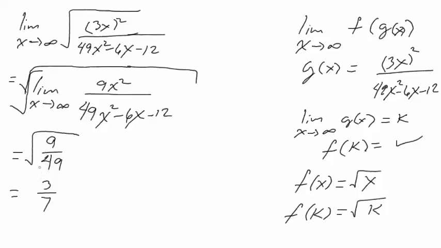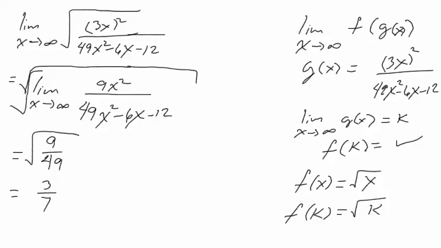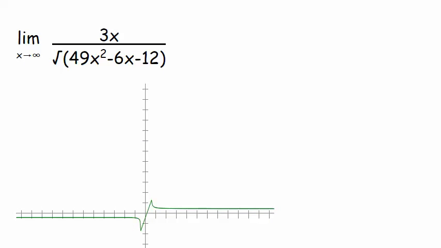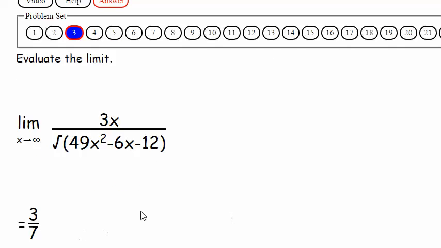Okay, see that? So anyway, there it is. Hopefully you could read that. So what was the answer again? 3/7. Okay, sounds good. Let's go up here and hope that it's 3/7, and it is.